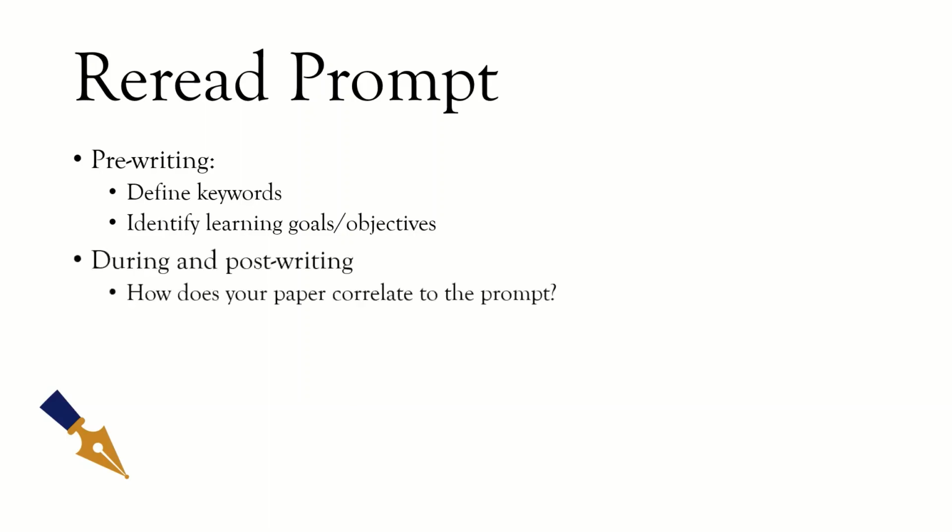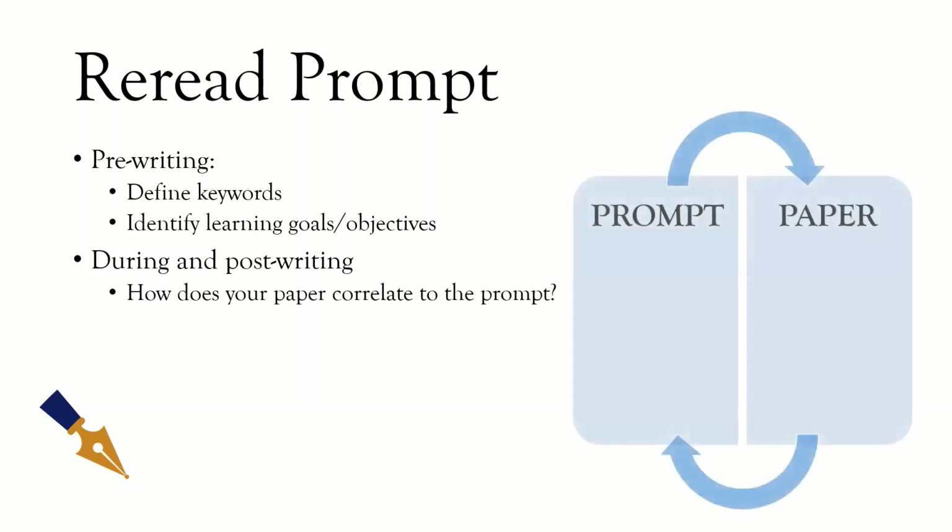During and after your writing, be mindful of how the paper that you are crafting correlates to the expectations of the prompt. You should be able to point in your paper where you are doing the actions asked for in the keywords, or identifying where you are experiencing the learning that is described in your learning goals or objectives.